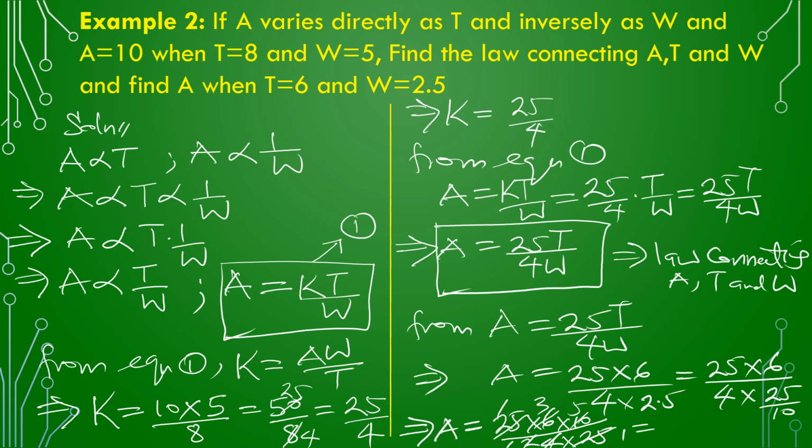We have that a is equal to 3 times 5, which is 15. Now, this implies that our a is equal to 15. So this is the answer.